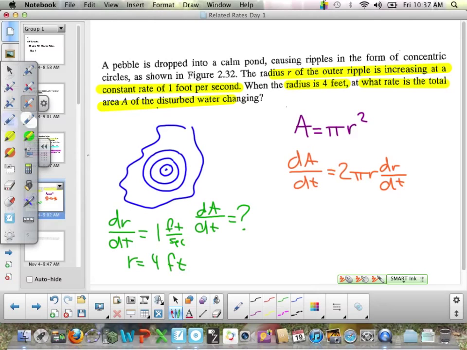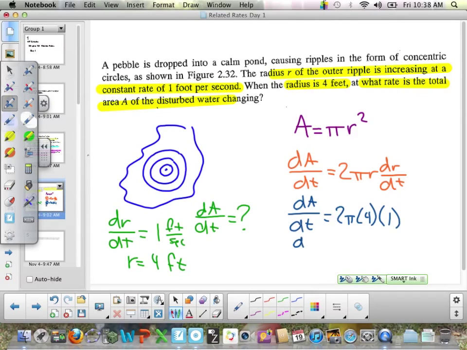So now we have taken the derivative, that's step 3. We're going to plug in what we know and solve for what we're looking for. We don't know dA dt, that's what we're looking for, so I'm going to leave that alone. It'll be dA dt equals 2 times pi times r, which at this point in time is 4, times dr dt, which is 1.